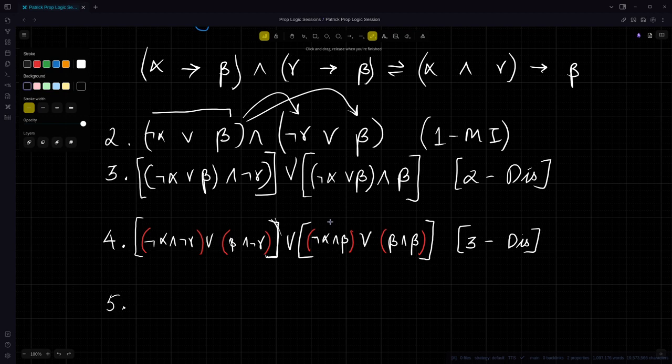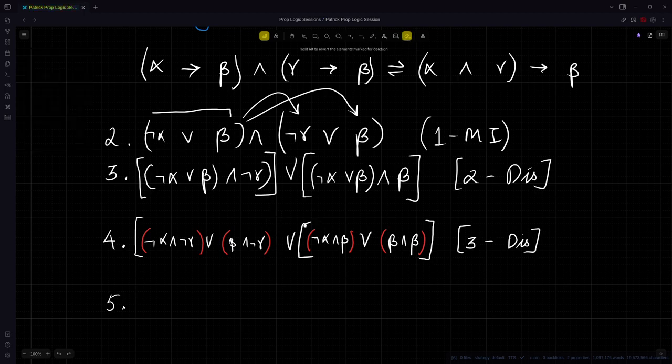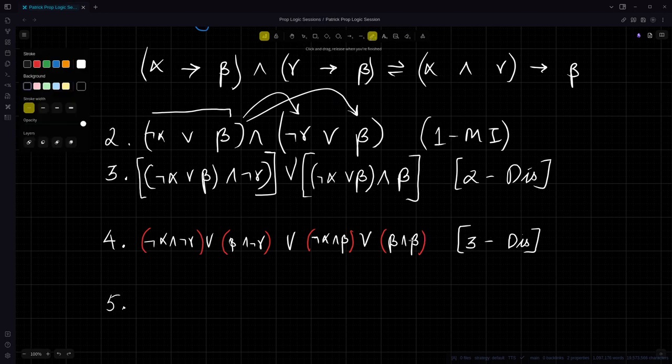Yeah, so the thing is, you can just get rid of these brackets. So you will get something like this. So this is just beta. Oh yeah, that's the rule of what was it? Tautology.